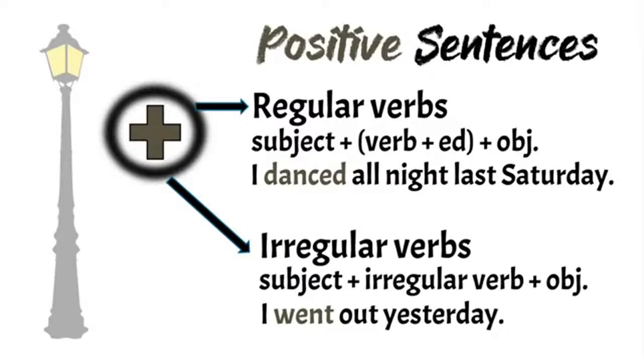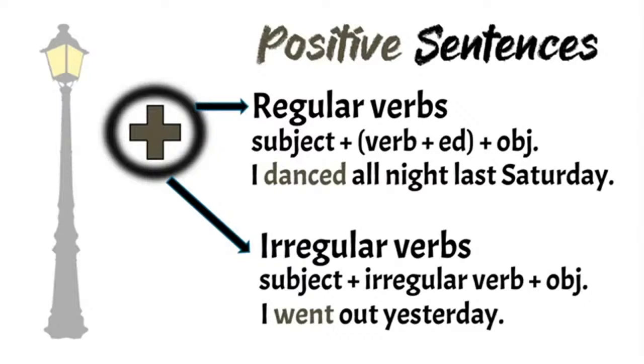Positive sentences have regular or irregular verbs. For regular verbs, we have the subject plus verb plus ed, because it's a regular verb, plus object. For example, I danced all night last Saturday.